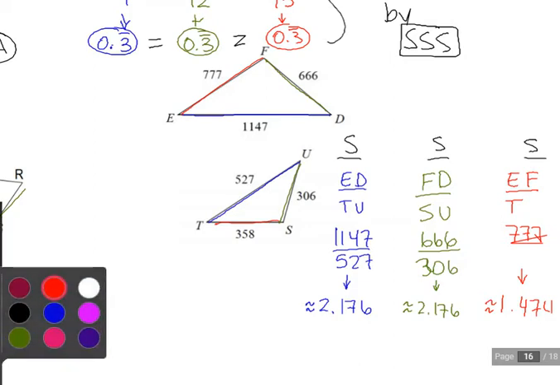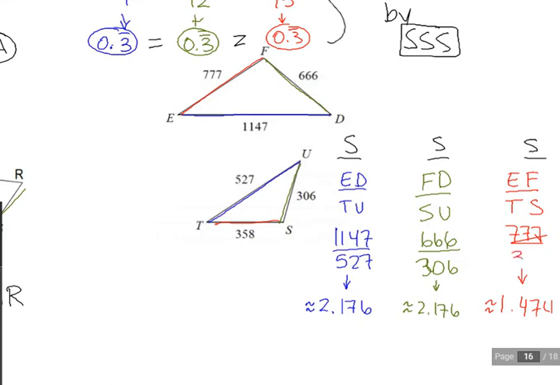That's going to change my ratio. Okay, so 777 divided by 358 should be 2.170. All right.